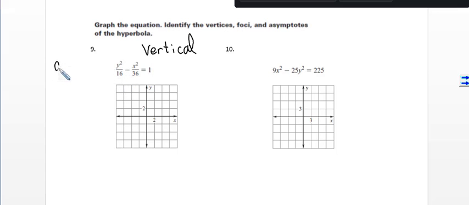So the a is the square root of 16, which is 4. The b squared is 36, so your value of b is the square root of 36, which is 6. This time, to get our value of c, we use c squared is equal to a squared plus b squared.